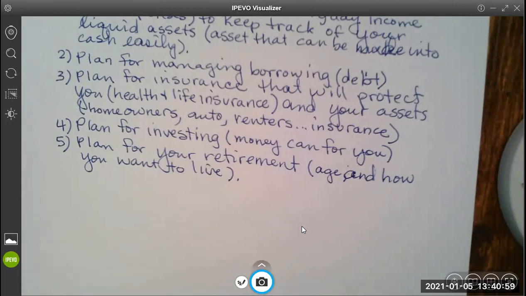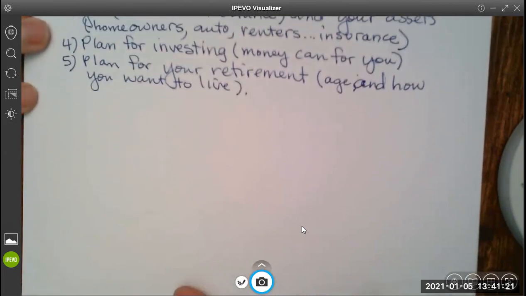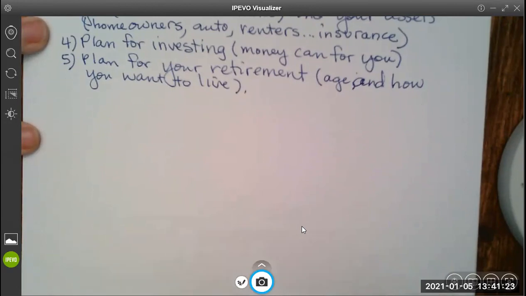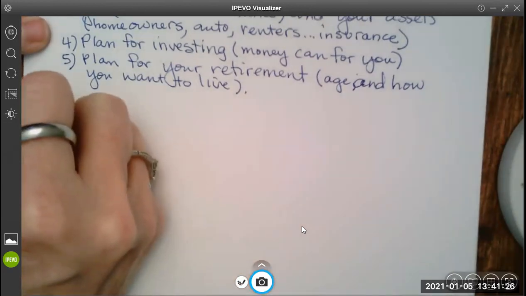Some of them were older and they had to go back and get another job just to make it work because they didn't plan ahead to have the money available to live off of once they retired. They used it all up as they went. Okay. And that's one of the things you're going to be learning how not to do. You don't want to be using it up as you go. You want to be making sure you're setting some aside for later because you're going to need it for later. Okay.